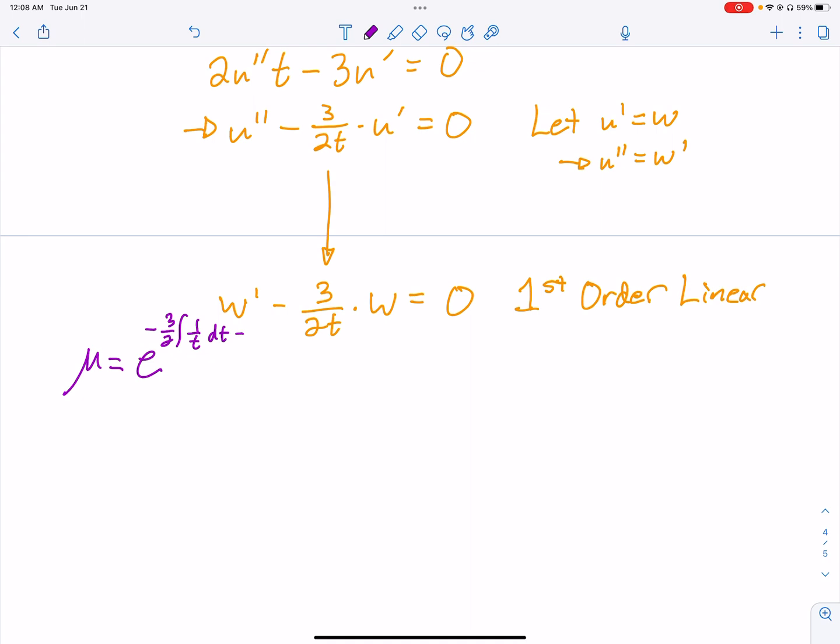So we get e to the negative 3 over 2 ln of t. That is t to the negative 3 halves. I can drop the absolute value because that's a half power, which means it's a square root, right? So if it's a square root, it has to be positive anyway. So I'm going to drop the absolute value. Okay, so that guarantees that. That is my integrating factor.